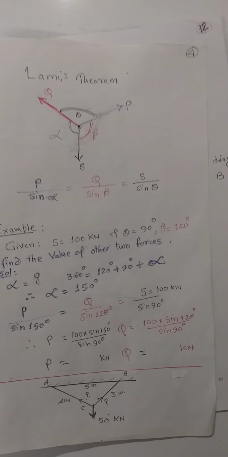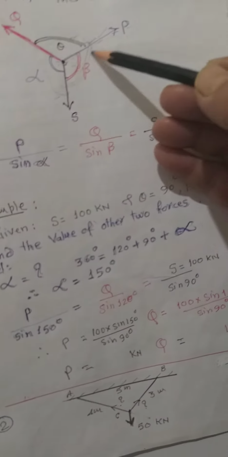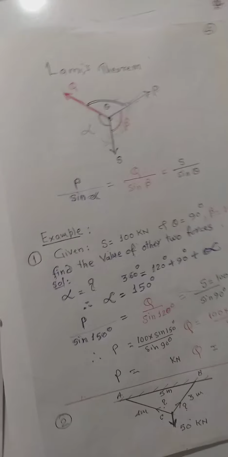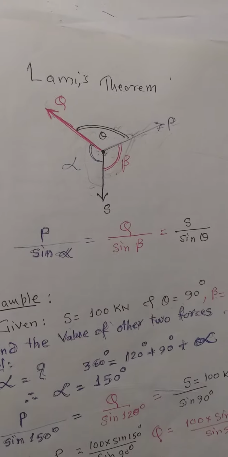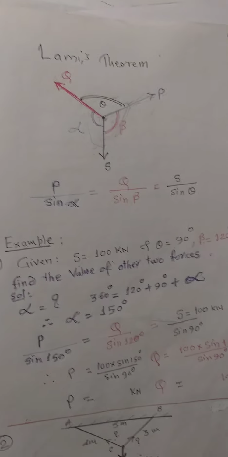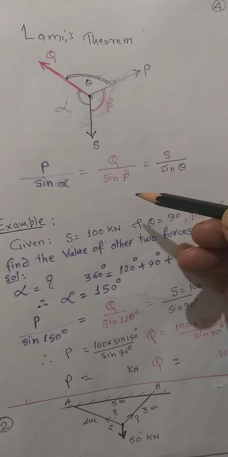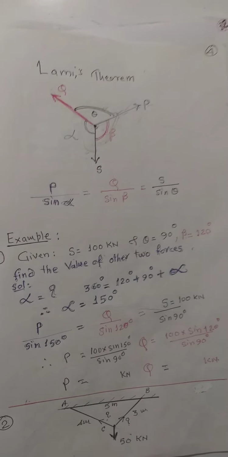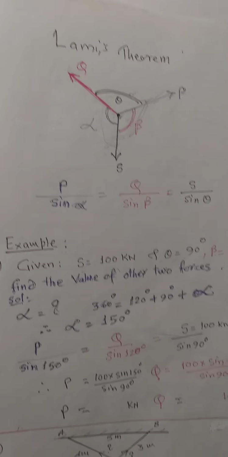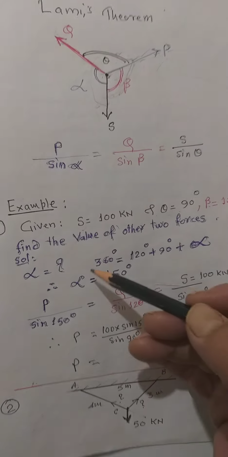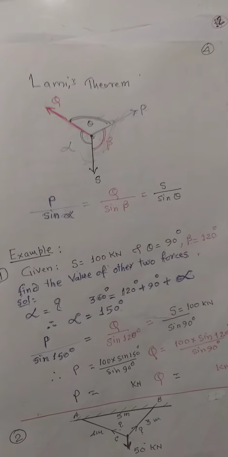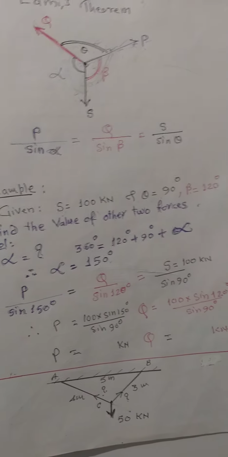Now the problem becomes very simple. When these angles are given, you can calculate this angle, that is 360 minus beta plus theta. So automatically alpha comes out to be 150 degrees. Alpha comes out to be 150 degrees. 360 minus this plus this, because the total sum is 360 degrees.